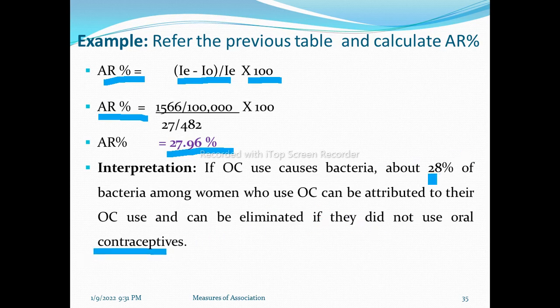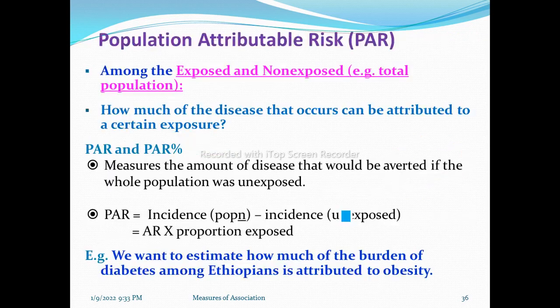So about 28% of the disease comes due to oral contraceptive use. If that woman is a non-user, 28% will be absent or eliminated. So this is another example, and attributable risk percent is completed.